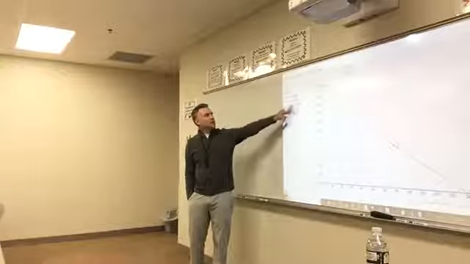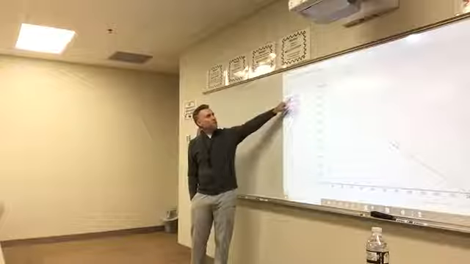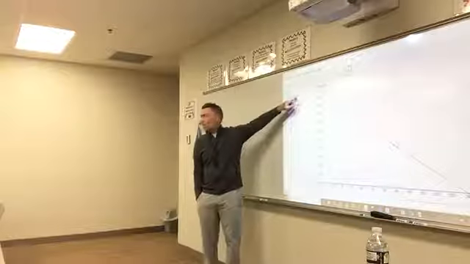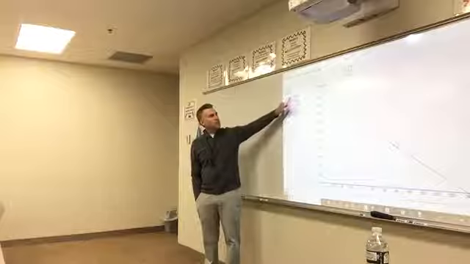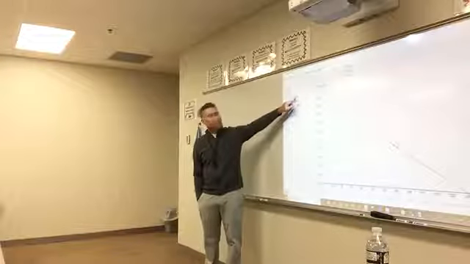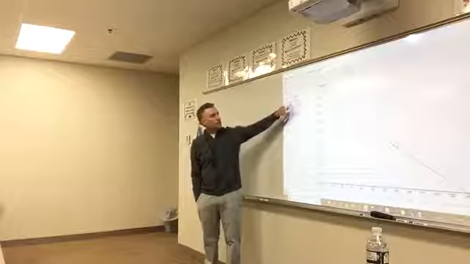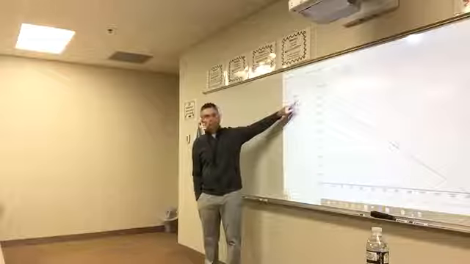Let's go back to this one. When I plotted 140 comma 4,000, that's X comma Y, right? 140, was that a price or was that a quantity? It's a price. So I did price, quantity, then I did another price, quantity, right?